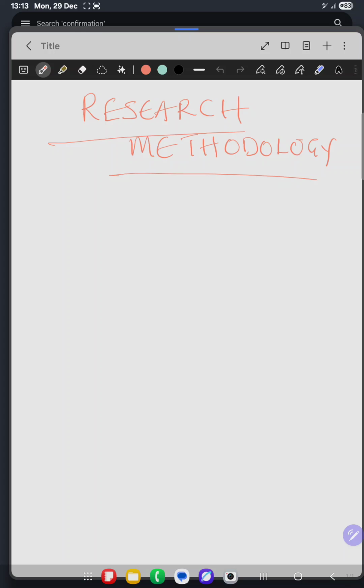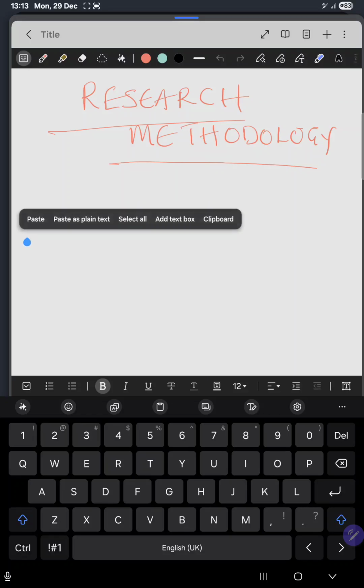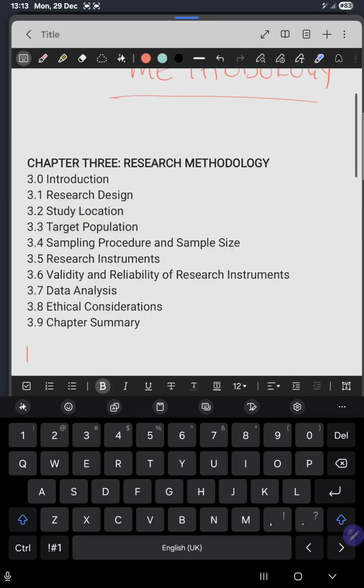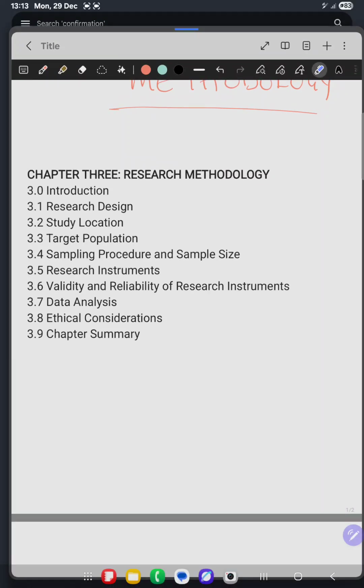Now, having given that foundation, allow me to show you the captions that are found in research methodology, which is chapter 3 of any research proposal. Here are some of the captions found under chapter 3. As you can see, our first one is the introduction.